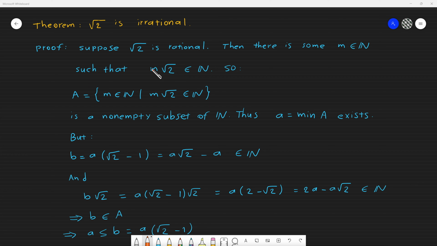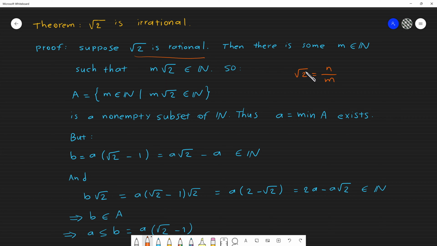Why? Because we know that square root of 2 is of the form n over m, where m is a positive integer and n is an integer, because we have supposed that square root of 2 is a rational number.